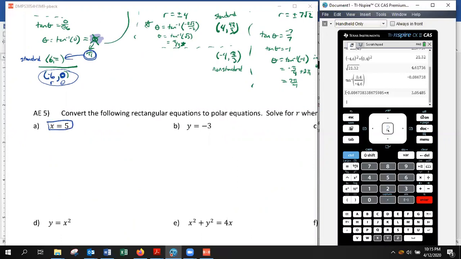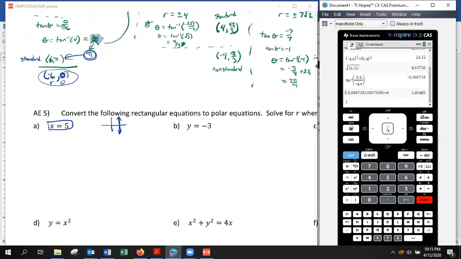If I look at x equals 5, and again, I'm always a visual person, I want to ask, what does x equals 5 look like? That is a line, the vertical line that looks like so. So how do I equate a vertical line in the polar system?